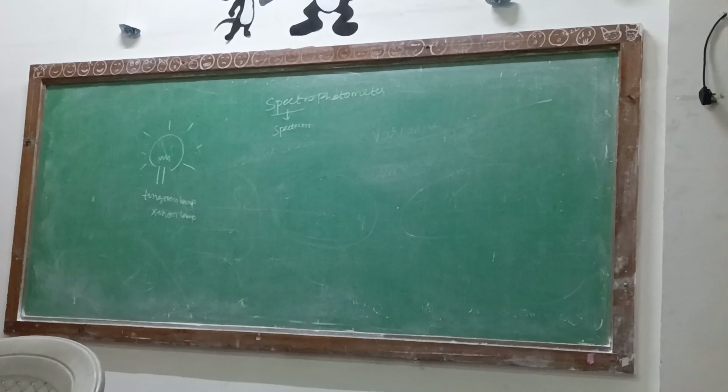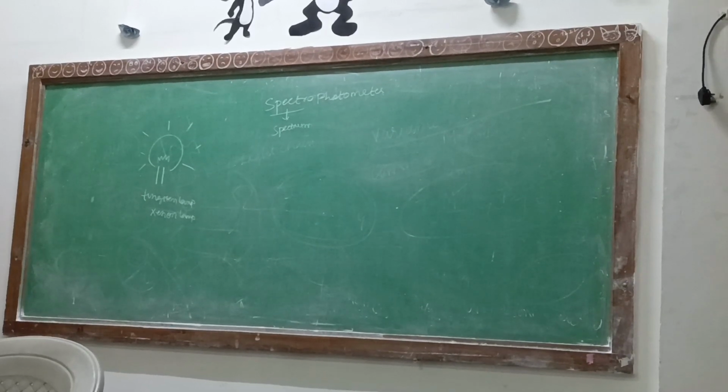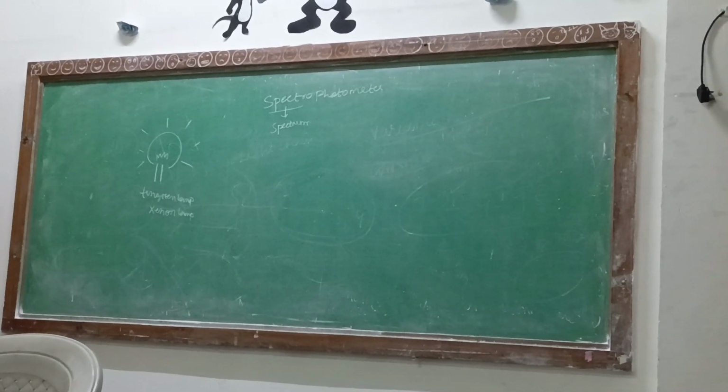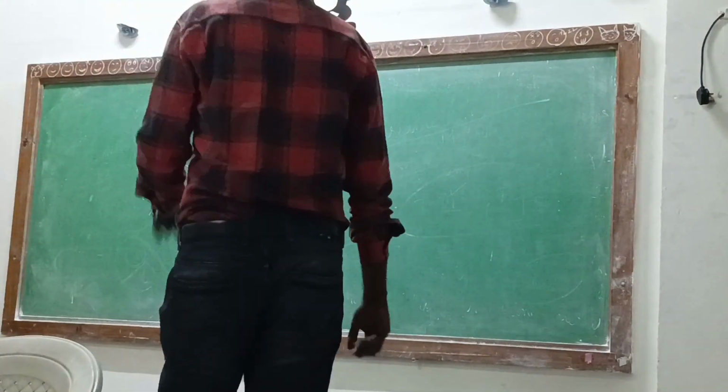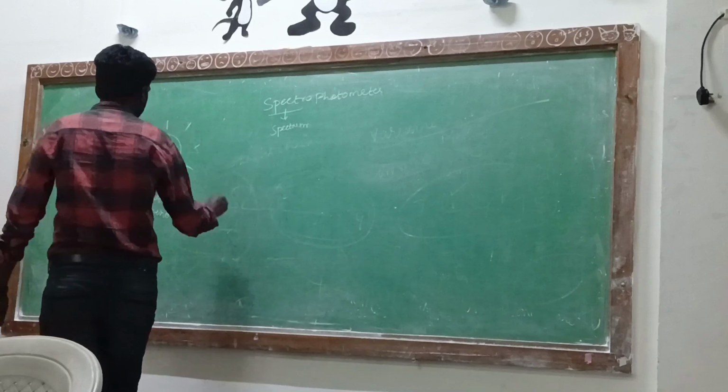The light I am talking about is white light, a combination of different spectrum colors, produced whenever you light up the lamp. The second component is the entrance slit.